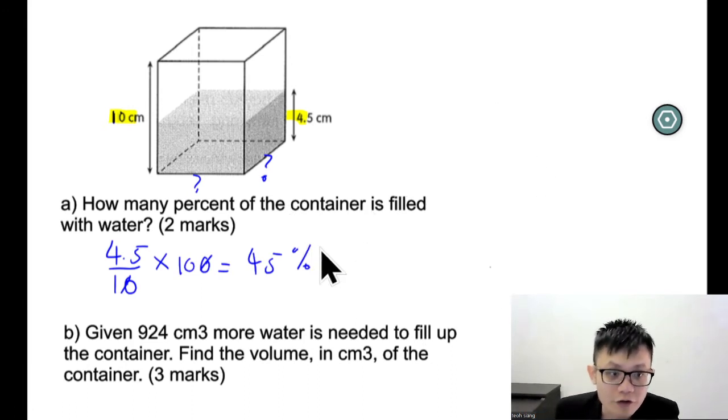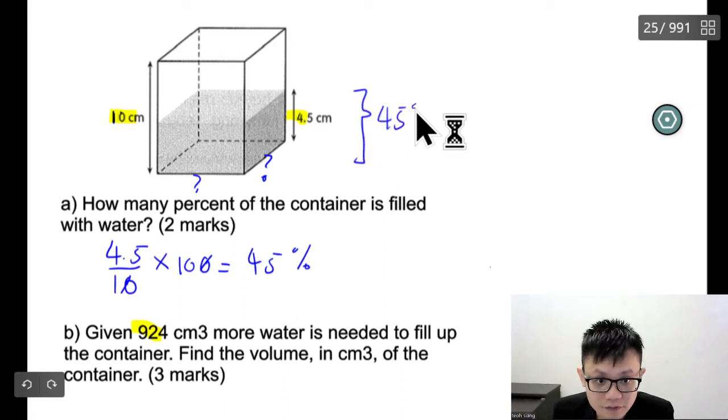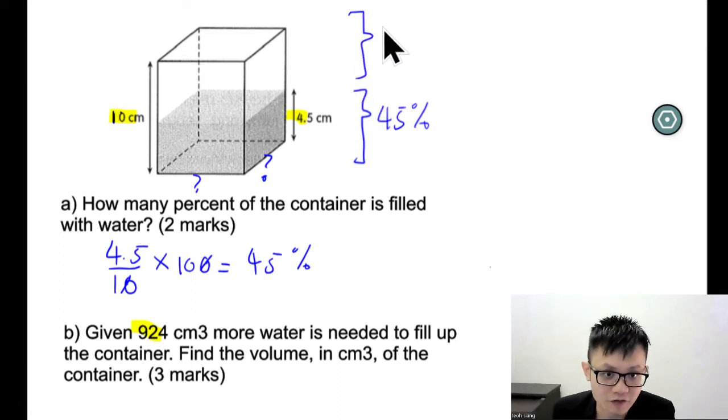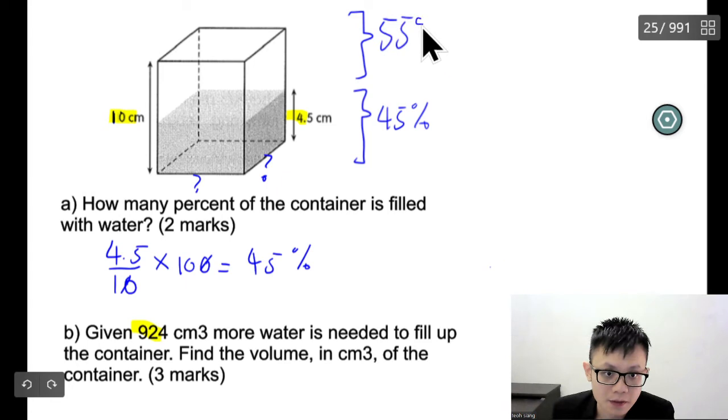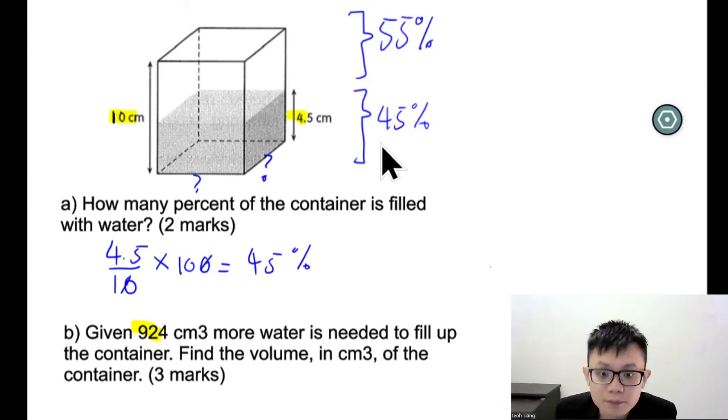Given that 924 is needed to fill up the container, I know that here is actually 45%. To fill it up to 100%, here will be 55%. Why is it 55? Because 55 plus 45, you get 100.